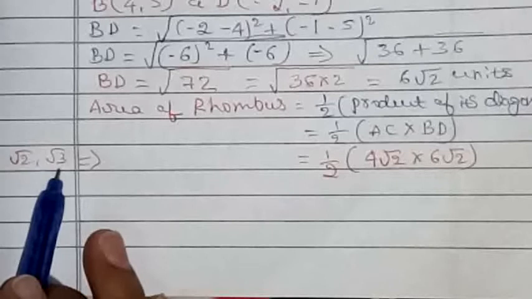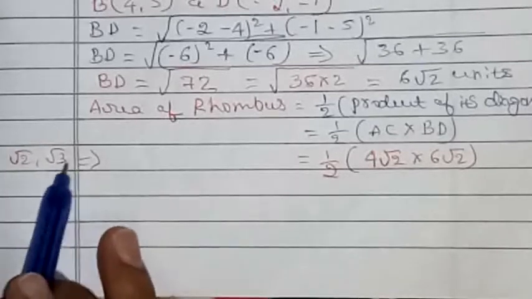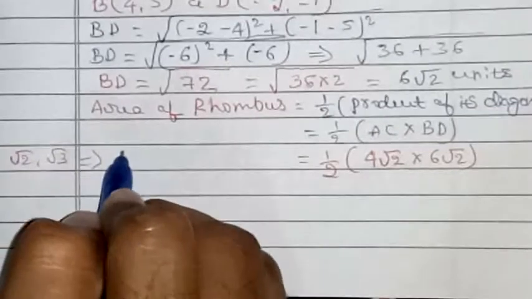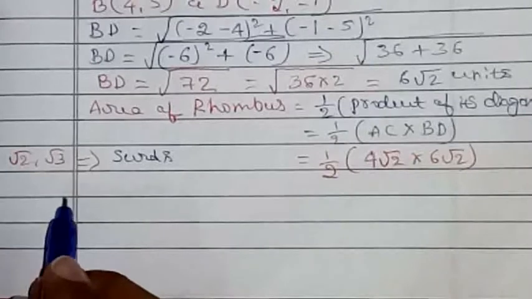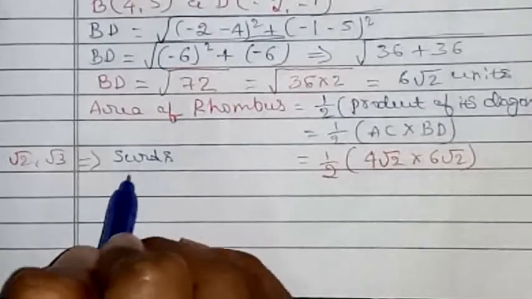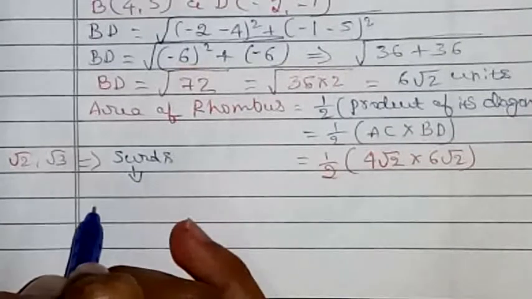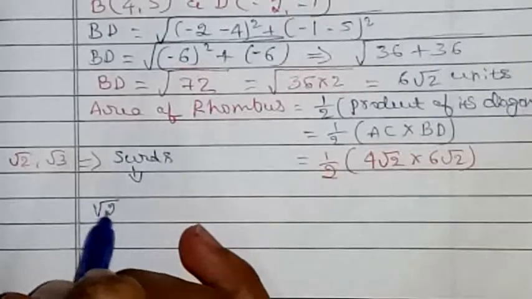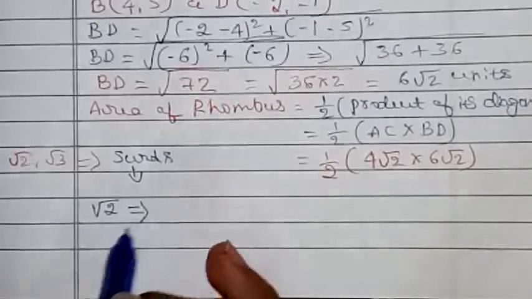Already I have told you that these numbers are called irrational numbers. Also they are called surds, right? So surds is one topic, a very important topic, children, right? So in surds, which is the order and which is the radicand, that I will first explain, right? Suppose I take the example of square root of 2.